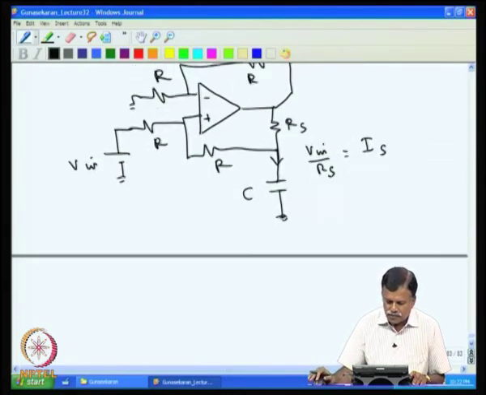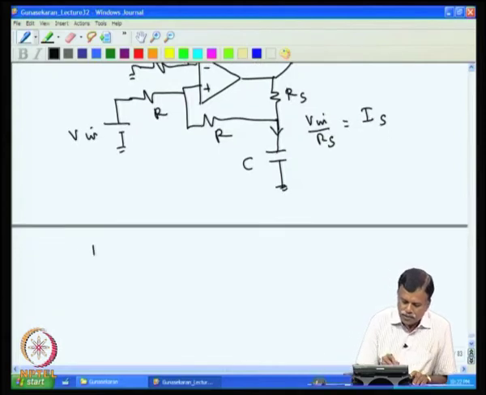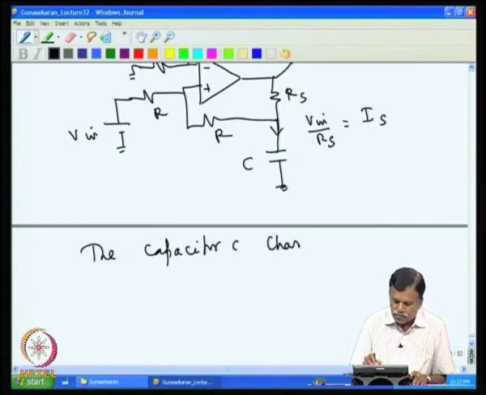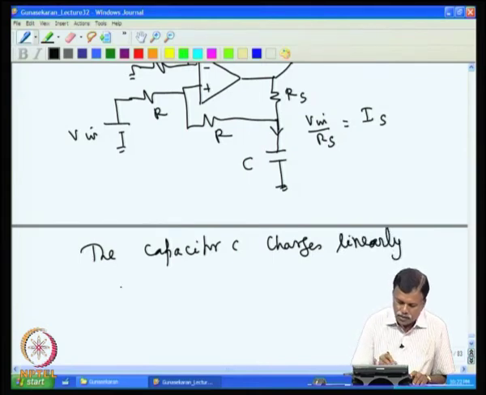So the capacitor C charges linearly with time.